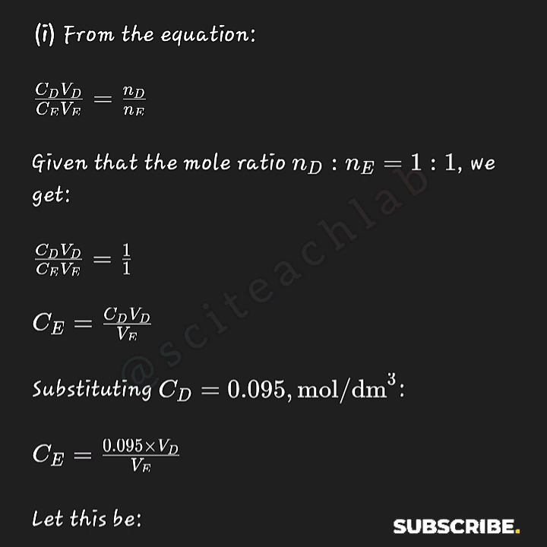Okay, CD is the concentration of the acid, VD is the volume of the acid. CE is the concentration of the base, which is what we are asked to find, and VE is the volume of the base. If you look at the equation, it was 1 mole of sodium bicarbonate reacting with 1 mole of hydrochloric acid. So the number of moles of acid to that of base is 1:1.